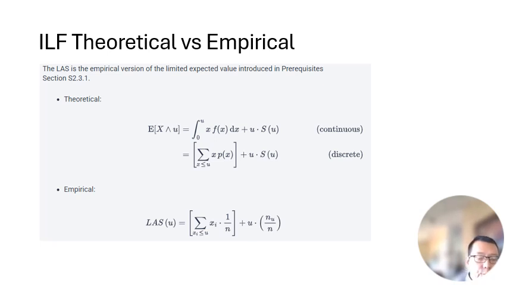But in the empirical world, we just use the sum of Xi divided by m, where m is the total number of empirical results, plus μ times m_μ over m. m_μ just means the number of claims that are greater than μ.